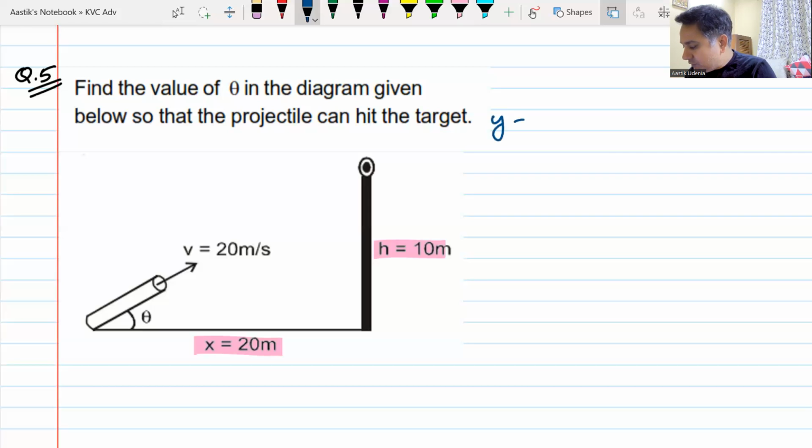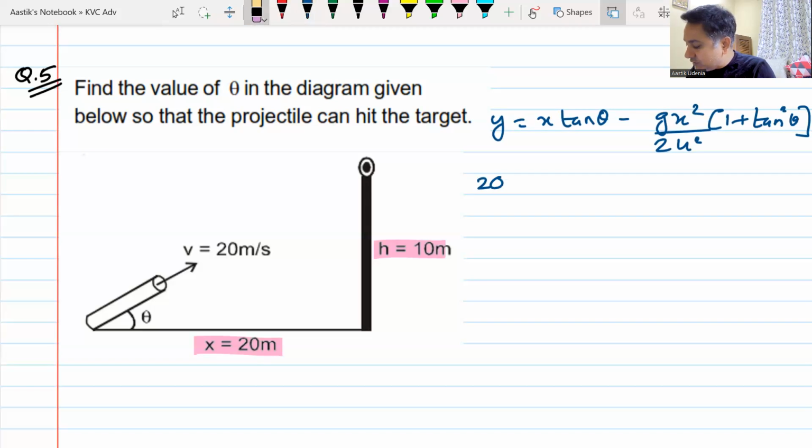Let me check. y is equal to x tan theta minus g x square by 2 u square into 1 plus tan square theta. I put the value. Oops, y is not 20, x is 20.